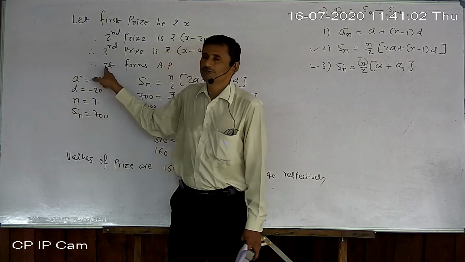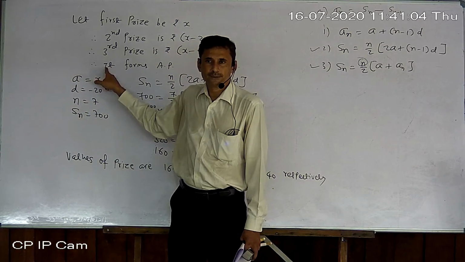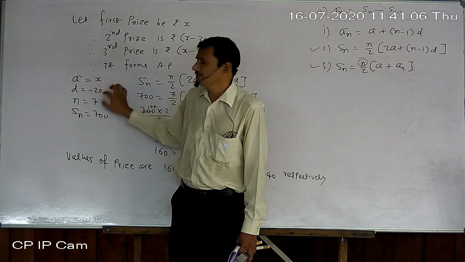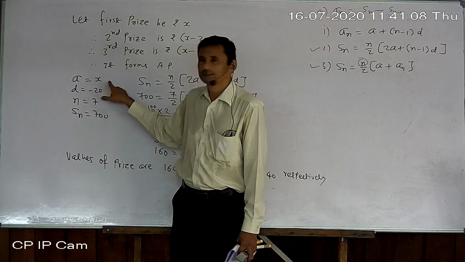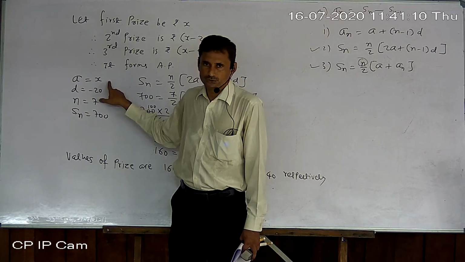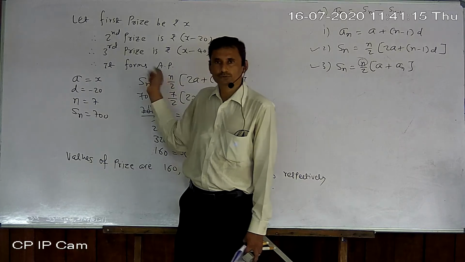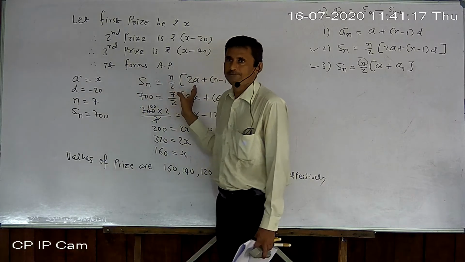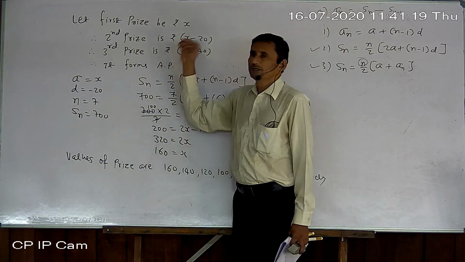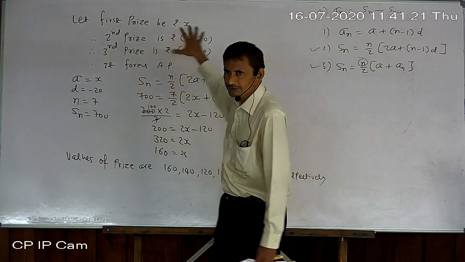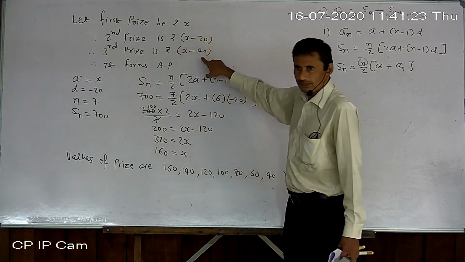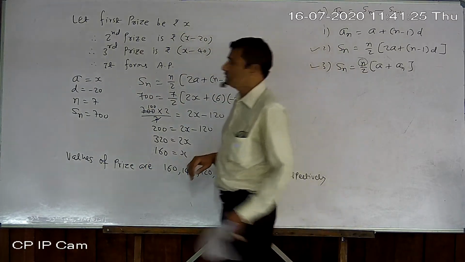Always, if a word problem is given, at that time always prepare a list first. What is asked? Include that also, and accordingly select the formula. But before listing or formula, you have to form that AP also. Always try to form the AP.